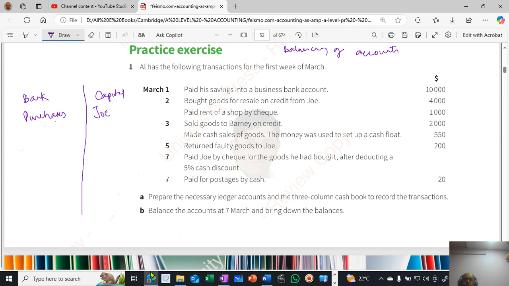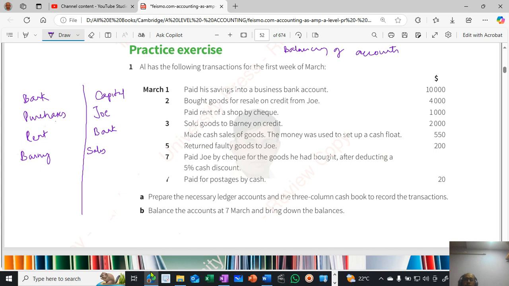Paid rent of a shop by check. Rent, bank. Sold goods to Barney on credit. Sales, Barney, sales.